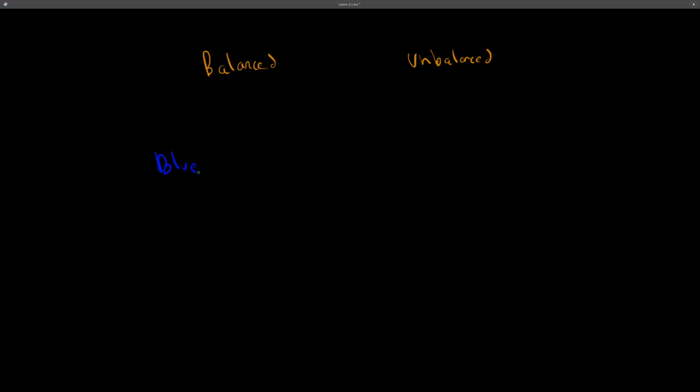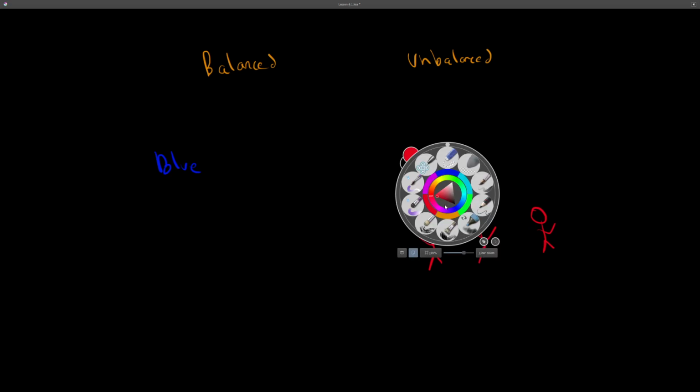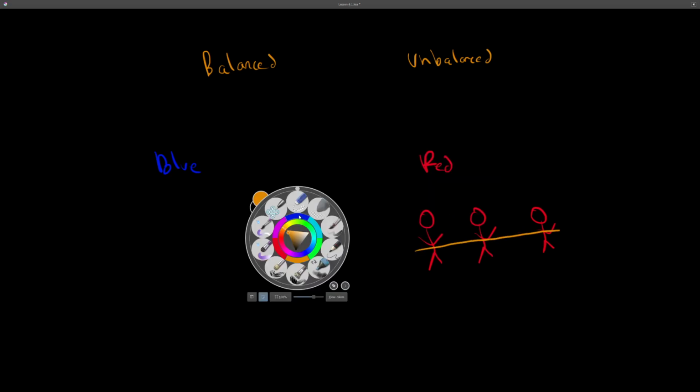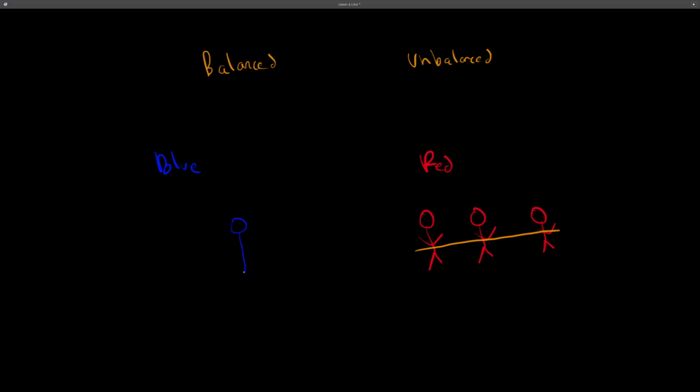We have the blue side and we have the red side. The red side consists of three different people, 1, 2, 3, and they all share a rope. And then the blue side as well has 3 different people.